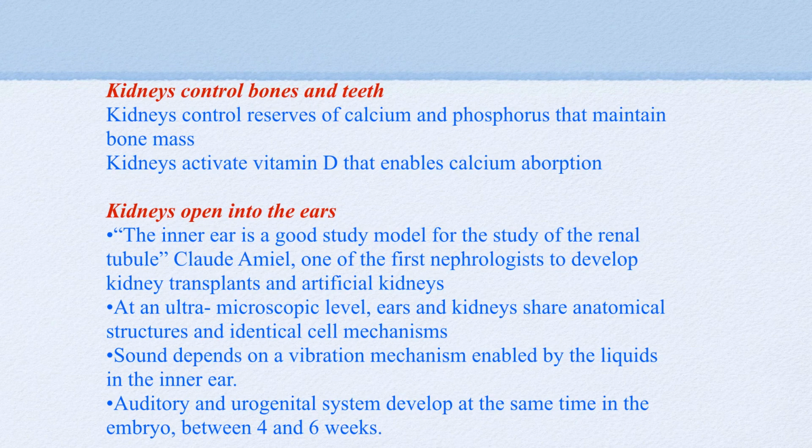He says, "The inner ear is a good study model for the study of the renal tubule." Meaning that he himself says the best way to understand the kidneys is to look at how our inner ear functions. We also discovered that at an ultra-microscopic level, ears and kidneys share anatomical structures and identical cell mechanisms.